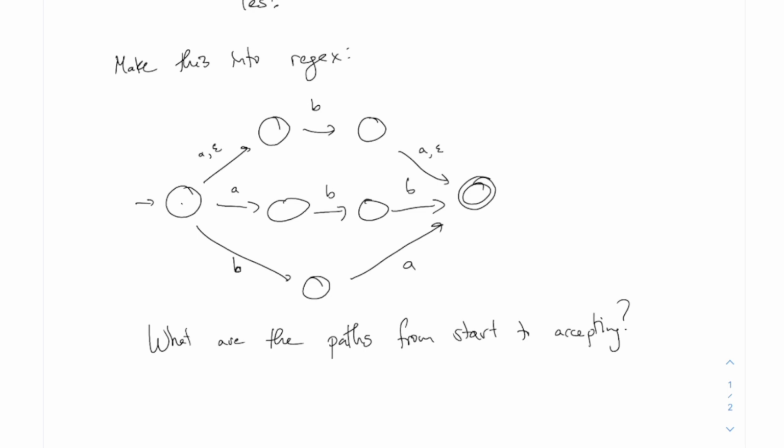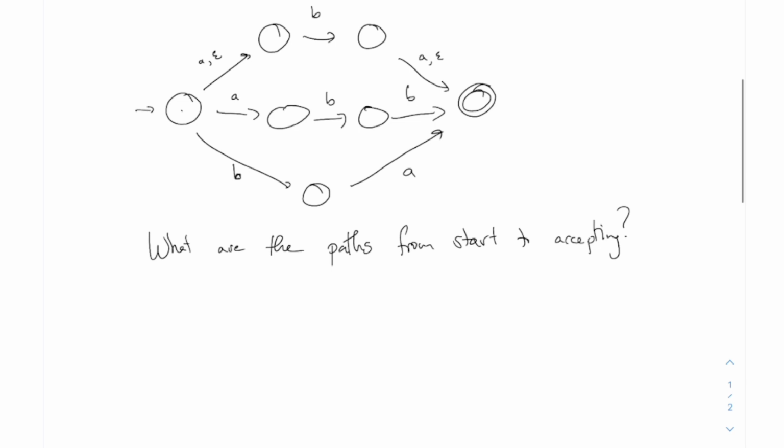And so I'm just going to describe each of those as a regular expression, right? Each path as a regular expression, and then add them together because I have three separate paths here, three separate branches. I'm going to combine them using the plus because that's how a plus works. So I write each path as a regular expression, and then in this case, I combine with a plus, because they are three separate branching paths.